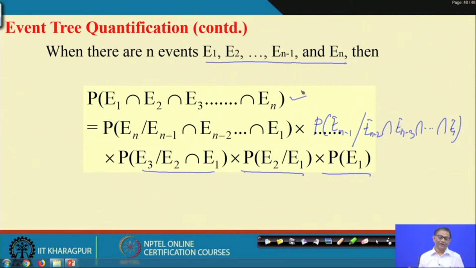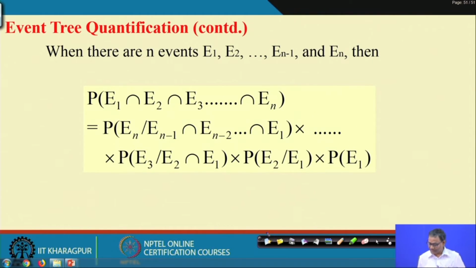This is the formula for finding the joint probability of events, and you know the conditional probabilities. Or the other way, if you know the joint probability, then the conditional probability can be computed. This is basically from 2 events to n events, that is the relation between joint probability and conditional probability.